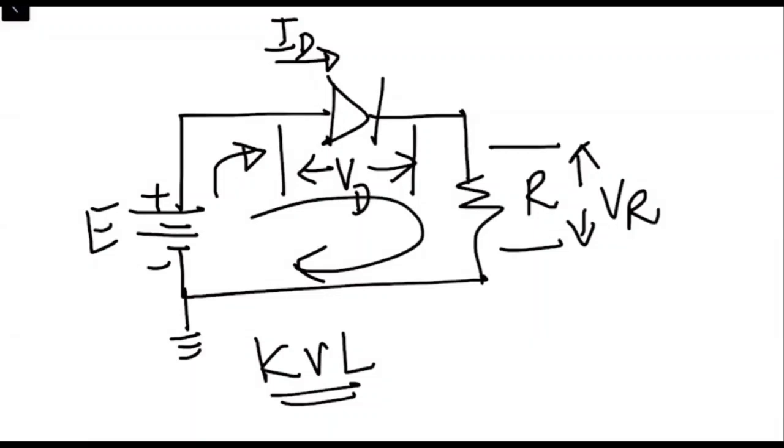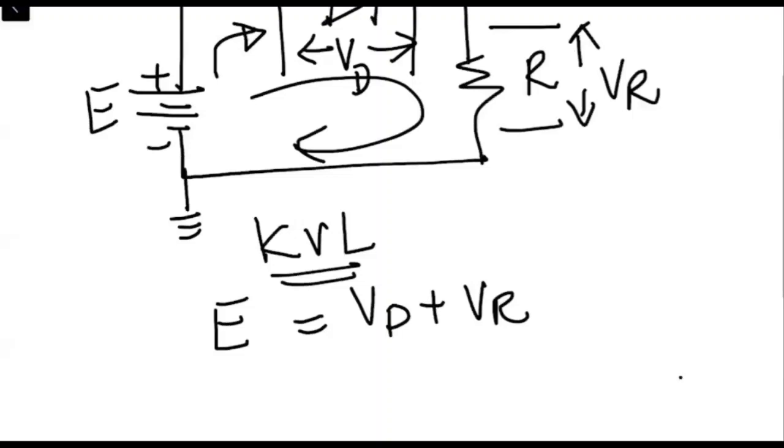Okay, so when we apply KVL, according to this, E is equal to VD plus VR, right? And VR is equal to ID into R.